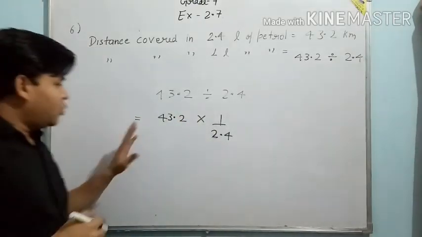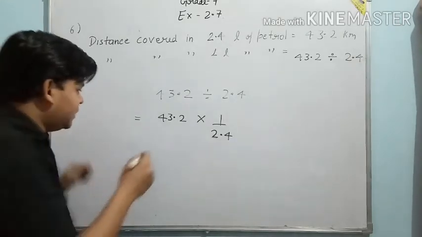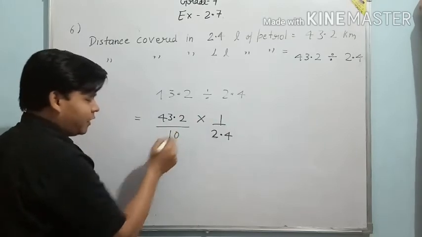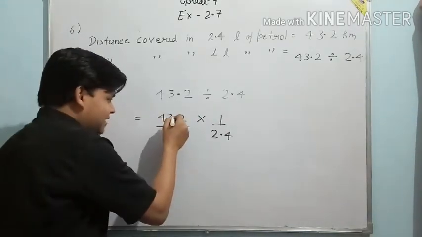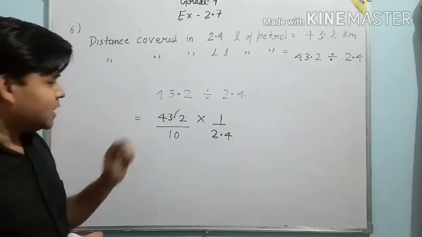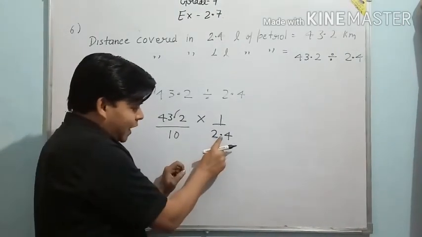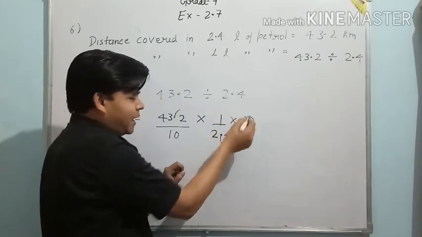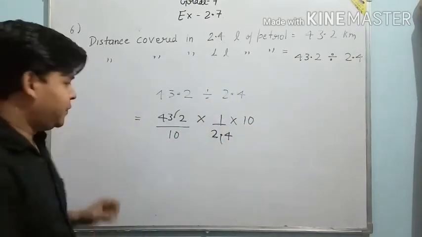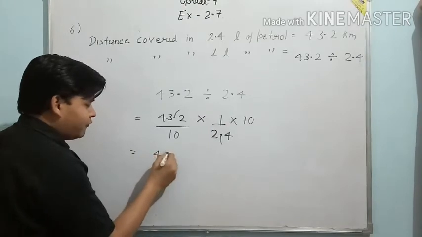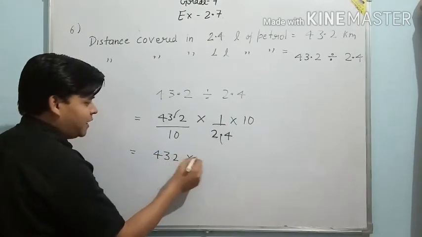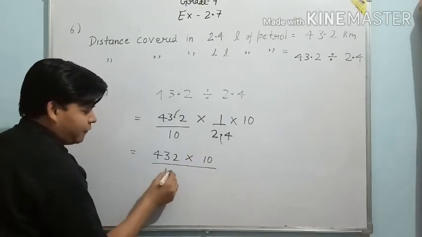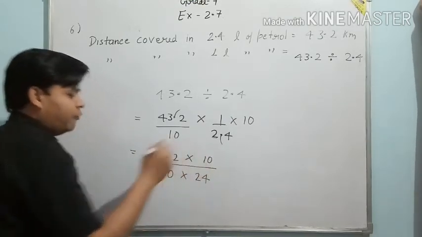Once again we will remove the decimals. Here after the decimal we have only one digit, so in the numerator we will write 10, and this decimal is removed from here. Similarly here also after the decimal we have one digit, so remove this and multiply in the numerator by 10. So we are left with 432 multiplied by 1 into 10, which will become only 10, and in the denominator we have 10 into 24.